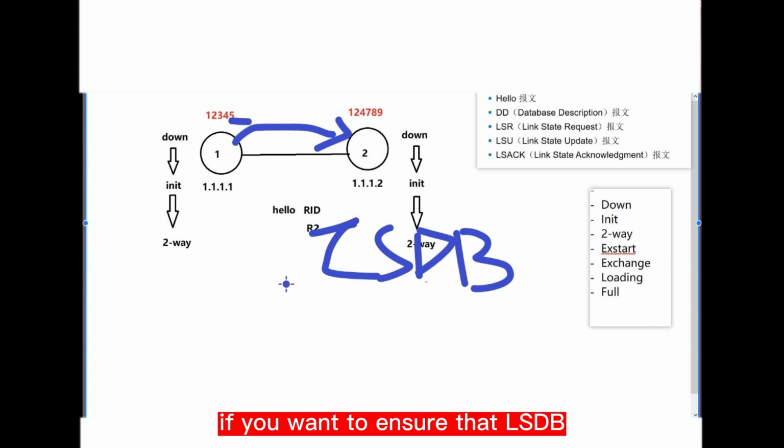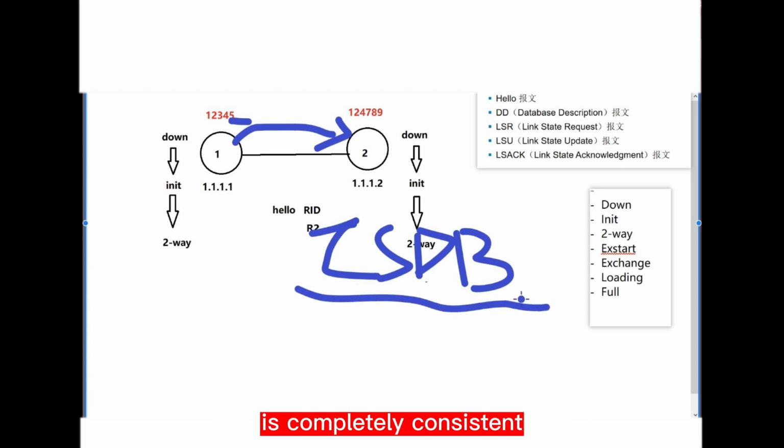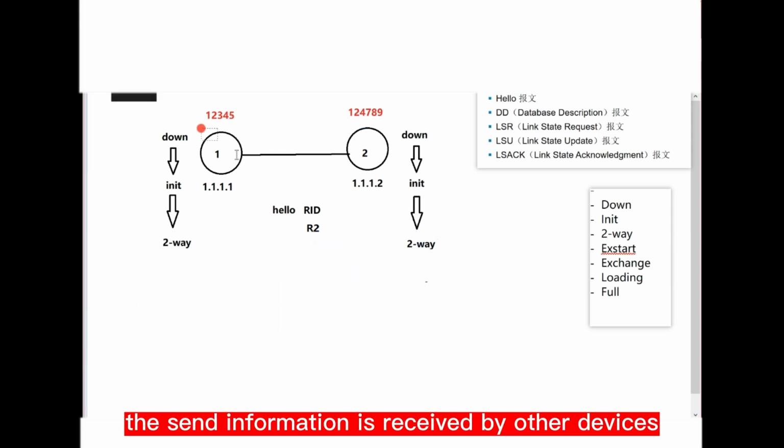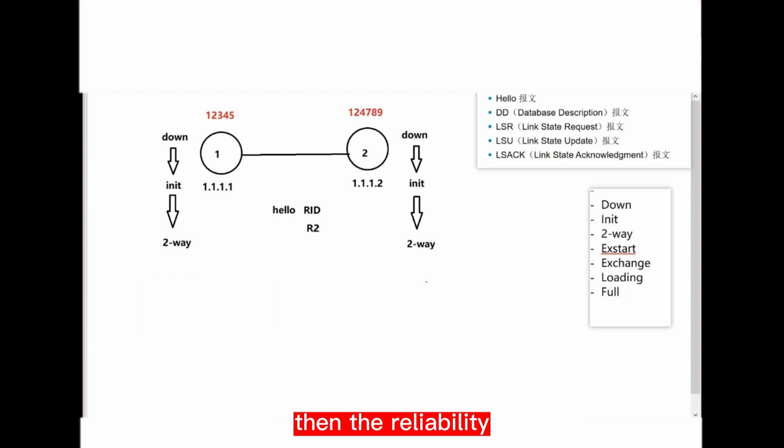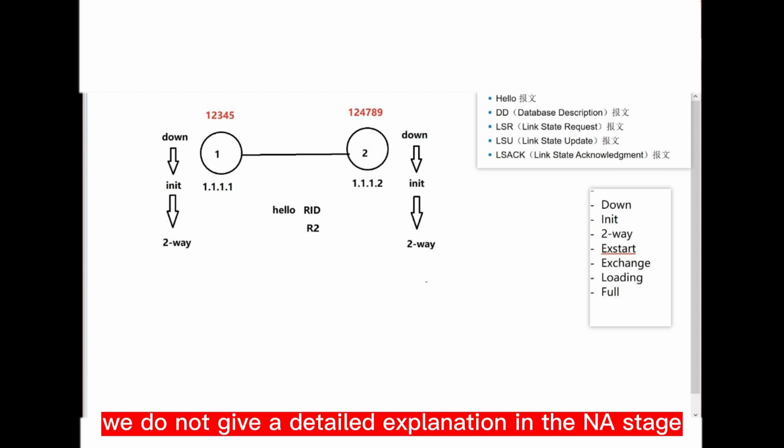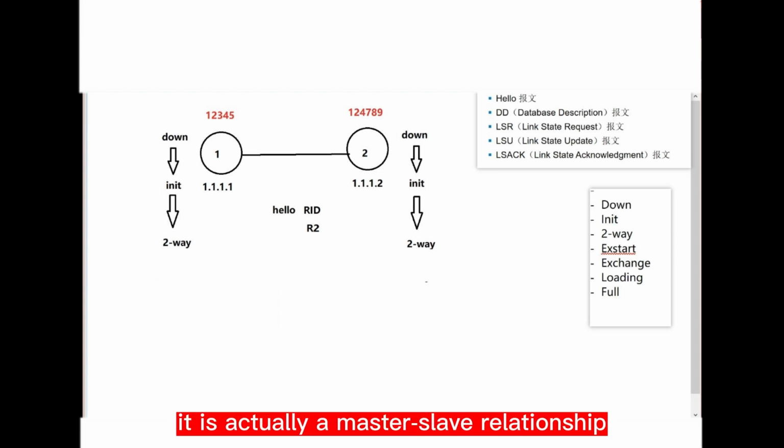If you want to ensure that the LSDB is completely consistent, it is necessary to ensure that the sent information is received by other devices. So it's actually a question of reliability when syncing. We do not give a detailed explanation in the NA stage. It is actually a master-slave relationship.